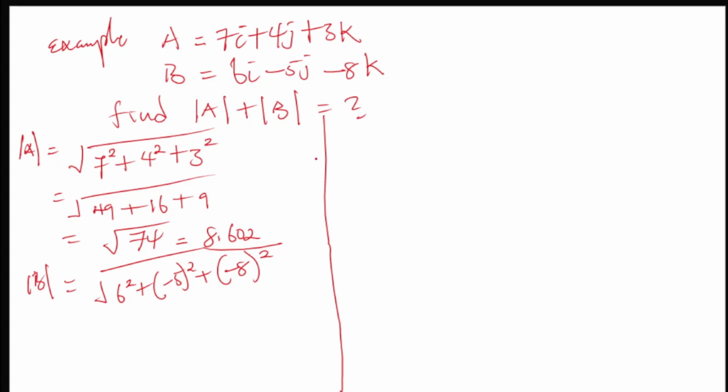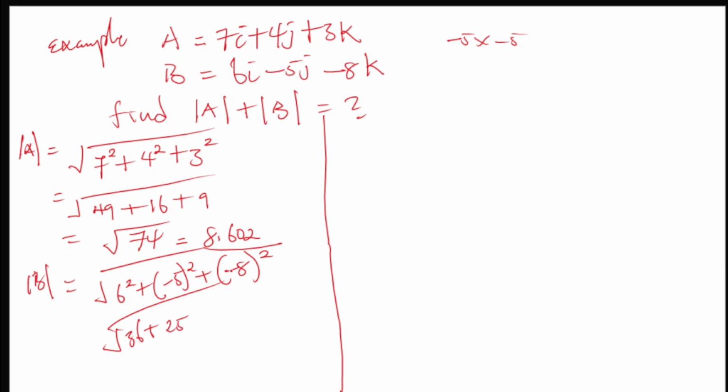Basically, minus 5 whole square is telling you that we have minus 5 times minus 5. Minus times minus is plus. That is why 6 times 6 is 36, right? 5 times 5 is 25, your minus will not be there again, because minus times minus is plus.